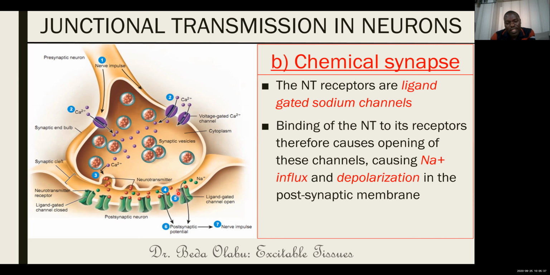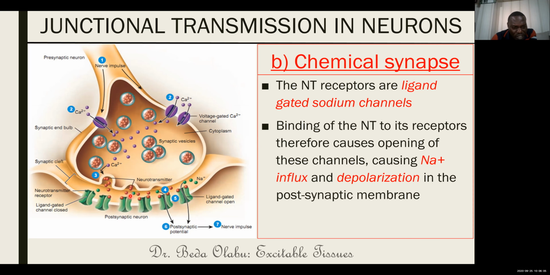If the ligand-gated channels open, what will happen? Now sodium will enter into the cell. I've just noticed, by the way, that the green ones are actually sodium molecules, and I don't know which color this is.